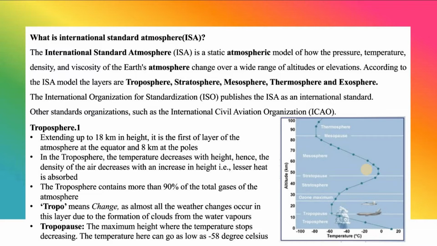So what is the troposphere? It is the first layer of the atmosphere, extending up to 18 kilometers in height at the equator and 8 kilometers at the poles. At the equator it becomes 18 kilometers, and at the pole it becomes 8 kilometers.